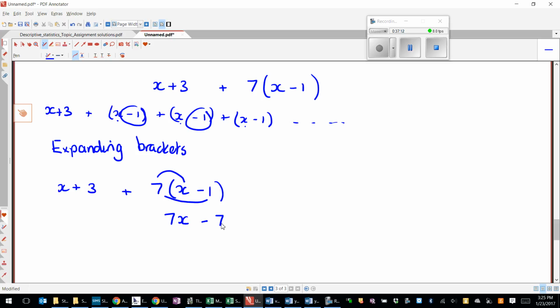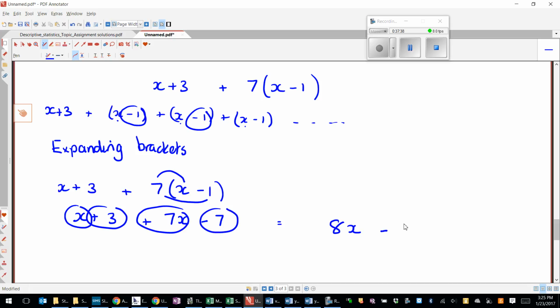So we've still got x plus 3 plus 7x minus 7. Now collect like terms again: x plus 7x is 8x, plus 3 minus 7 is minus 4. So is that even more simple?